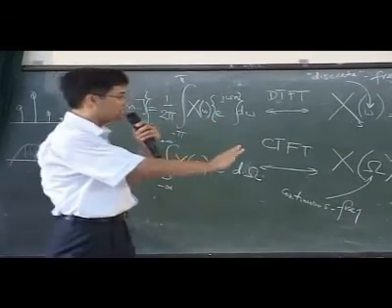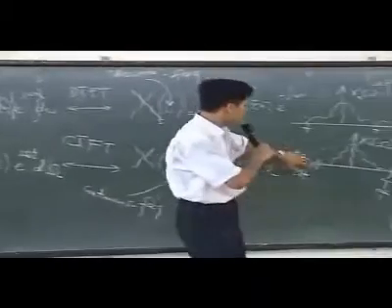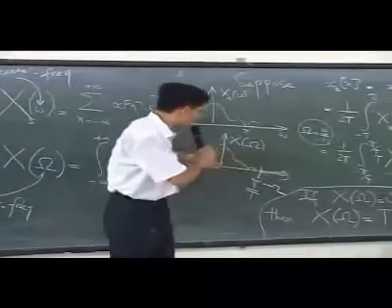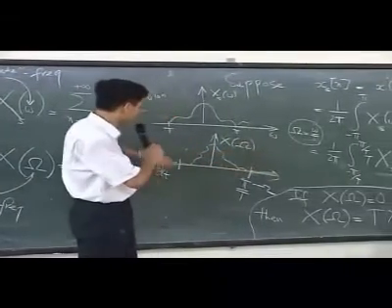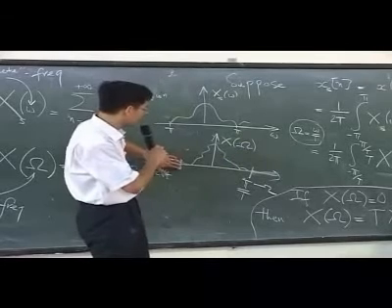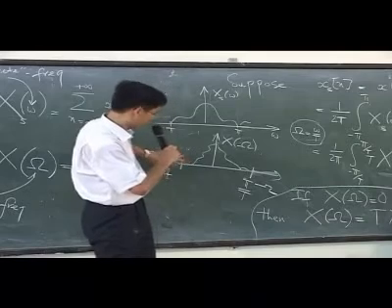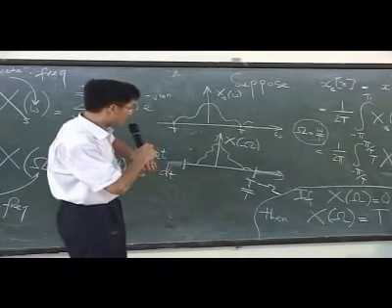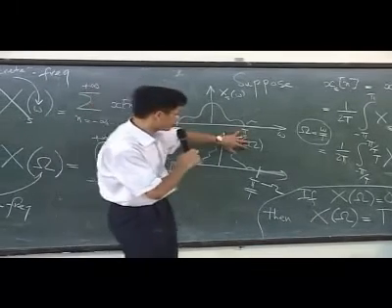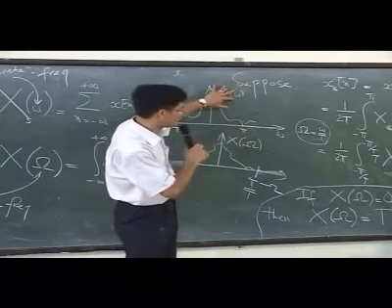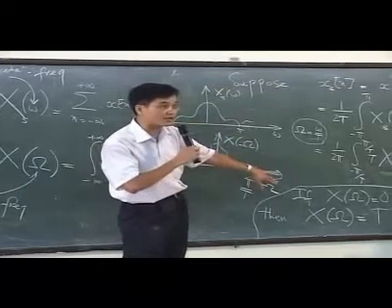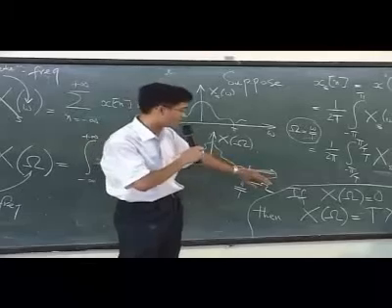The message here is if the signal is for some reason bandlimited, and by the term bandlimited, I mean the frequency is limited between this interval that I decided, then this frequency is related to that frequency by a very simple relationship, that form.